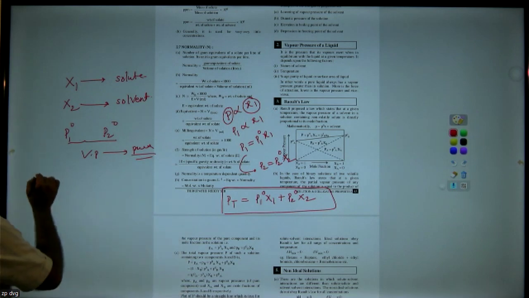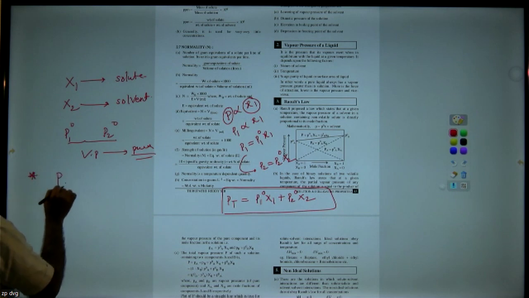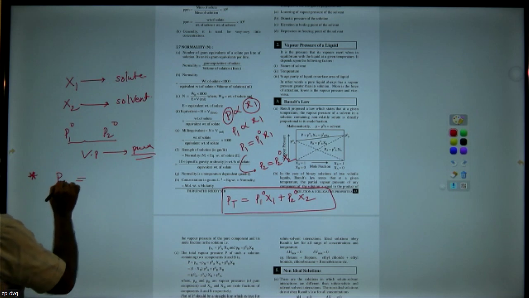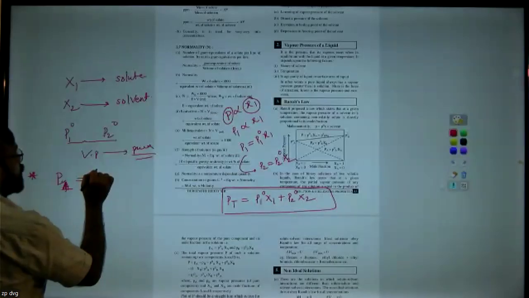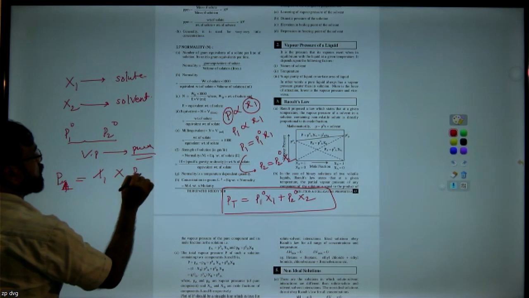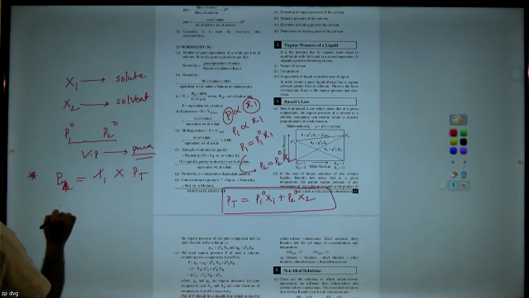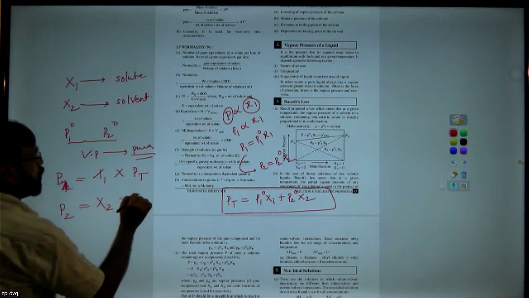See, to get the mole fraction, here one more formula is there. For example, partial pressure of A, or substance 1, is equal to, so what formula can we use? Its mole fraction into total pressure we can use. Similarly, P2 is equal to X2 into total pressure.